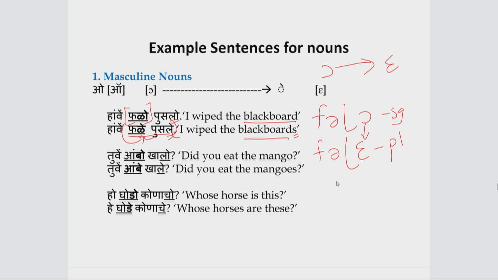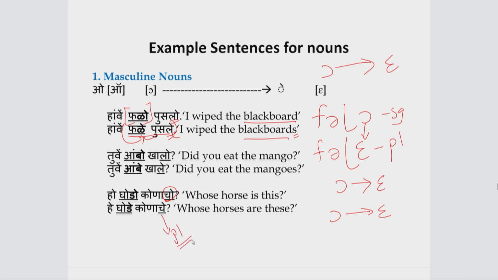Ambo, which ends with O, becomes tuve ambe khale. It becomes A in the plural. Ho ghodo konacho? Whose horse is this? Here also the O becomes A in the plural. Konacho indicates singular masculine, whereas konache indicates plural masculine.